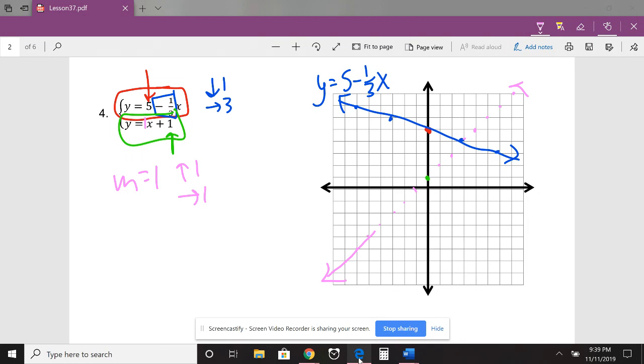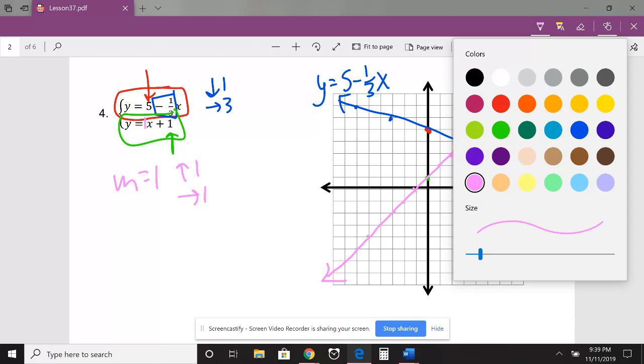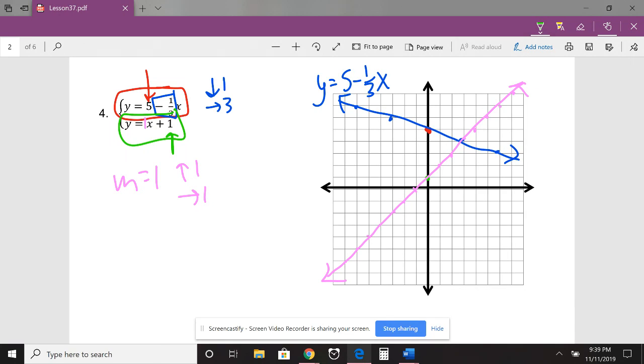Arrowheads connect your points. And they intersect at, from the origin, 3, 4. So 3, 4 is my solution.